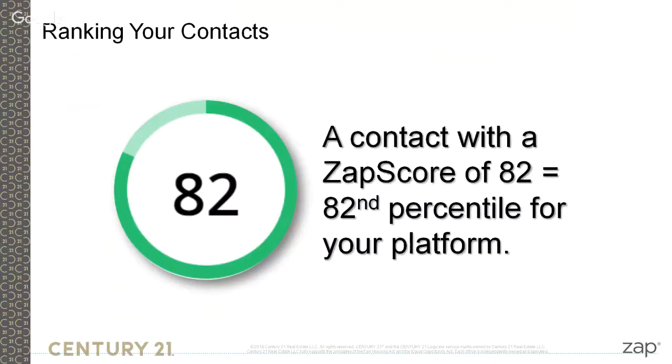The first question you may ask is, what is Zap scoring against? First, your contacts are scored against each other. The highest Zap score a contact can have is 99. So a contact with a ZAP score of 82 is in the 82nd percentile for your platform.